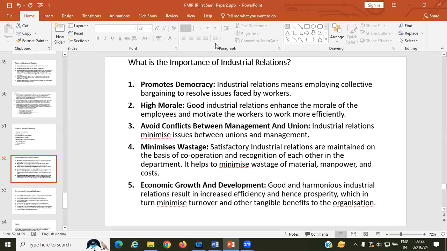So that will develop the economy of your industry and the economy of your country. If you have good growth in the industry, definitely that will increase the growth of the country.